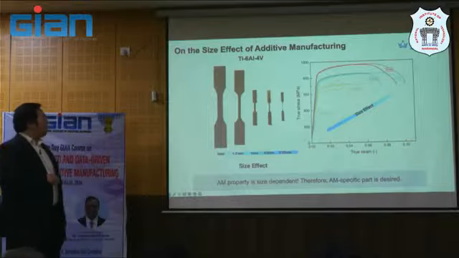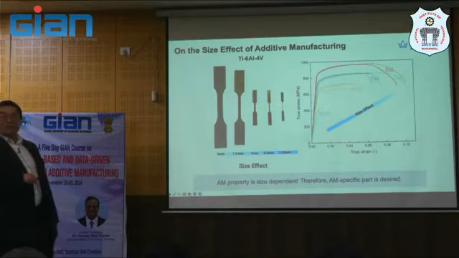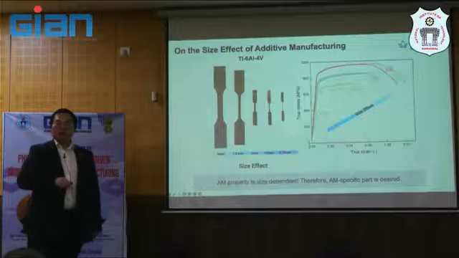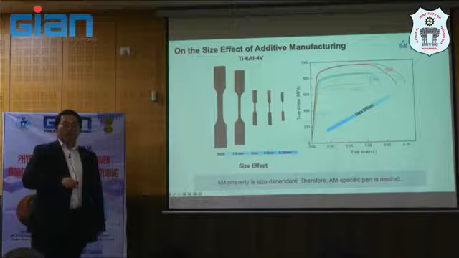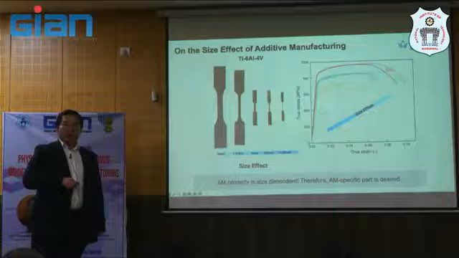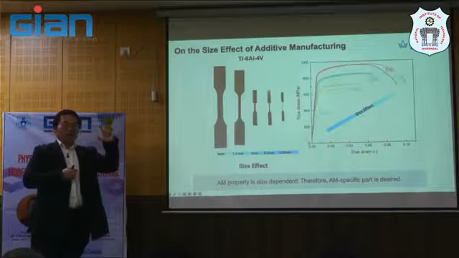But the reason we can do this kind of small testing is that at the University of Oxford, they have the ETMT, electrical thermomechanical testing, right? Yes. So they can deal with miniature tensile test pieces, micro tensile.